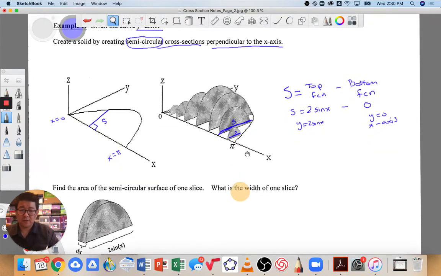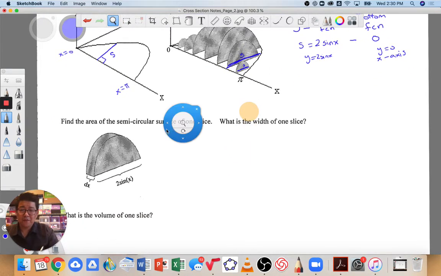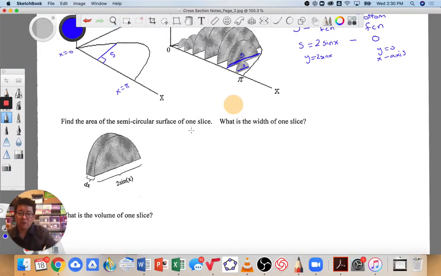So let's move this up. Find the area of the semicircle of one slice. If we want to find this area, let's do this in red. We want to find this area right here.